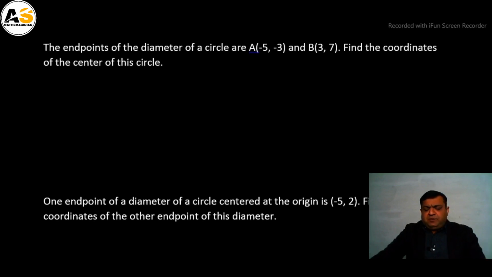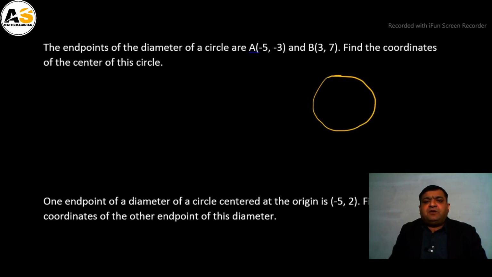Let us see some manipulations in the question as we see it in our exams. Endpoints of a diameter of a circle are A (-5, -3) and B (3, 7). Find the coordinates of the center of the circle. So we are given the end points of the diameter of a circle. Diameter, you know, is the line that connects 2 points on the circumference of a circle and passes through the center of the circle.